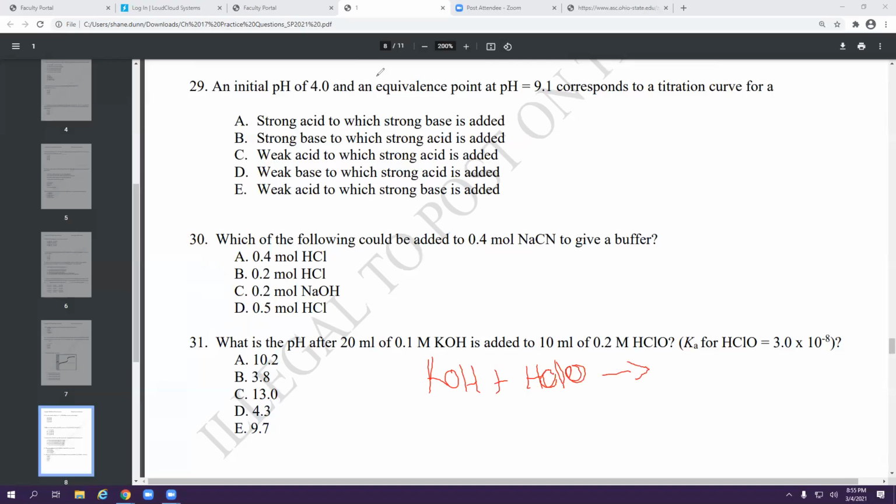When those react with each other, what is formed is water. Do I care about water? No. Plus KClO. Hey, weak acid, conjugate base means I form what? More buffer. Let's find out if we do.